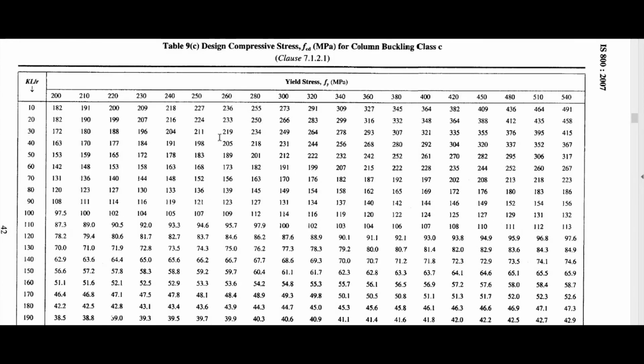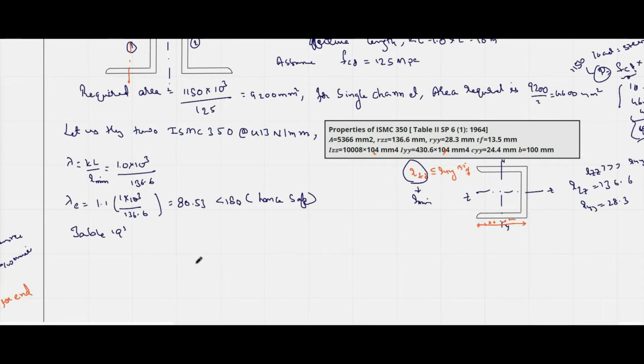When I open table number 9C, see here, the slenderness ratio was around 80.53, which is in between 80 and 90, and the yield stress of the member is 250. The value may be in between 136 and 121 with the help of linear interpolation. So to calculate fcd, I am going to do a process of linear interpolation.